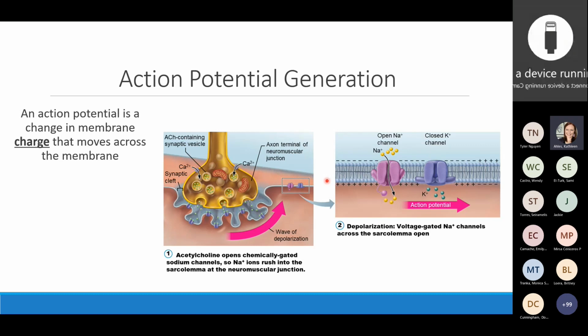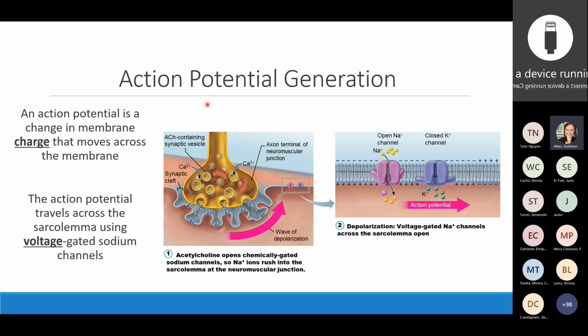So for us to make an action potential, remember potential means charge, action means moving. For me to make that action potential, I'm going to have to use voltage-gated channels. Remember, voltage-gated channels also not open all the time, but they open when the charge is wrong, and I get the charge wrong by using these chemically gated channels that I find at the neuromuscular junction.